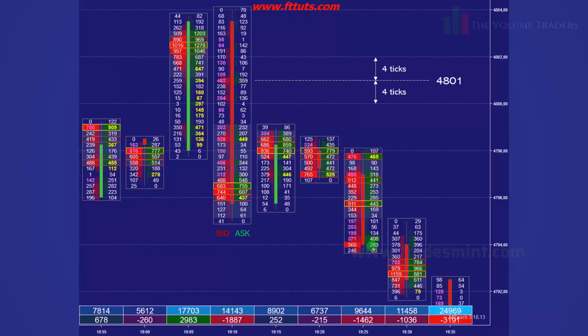And now I want to show you some confusions, because as I said, all we see on a footprint chart are executed orders. So not only live market orders, like we are trading, or most of us use market execution, but on the footprint we also see the limit orders.